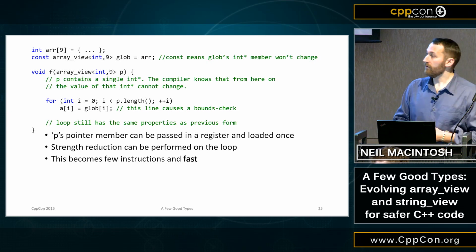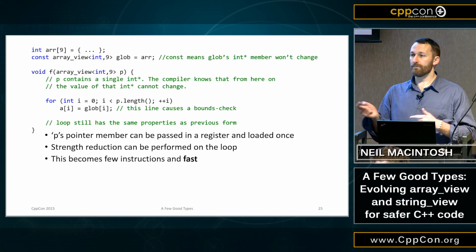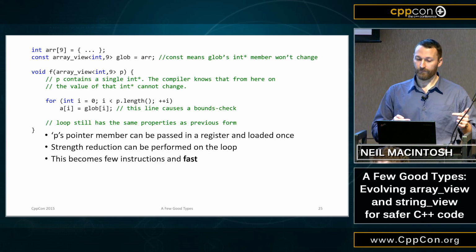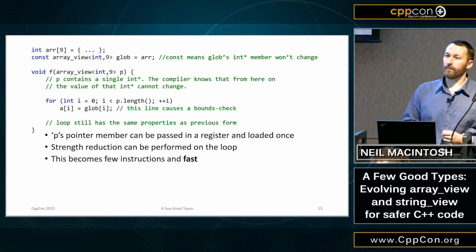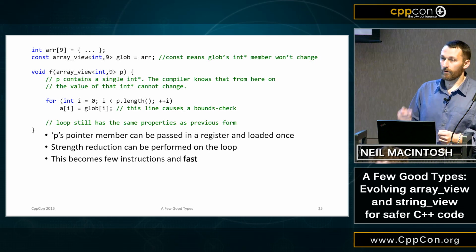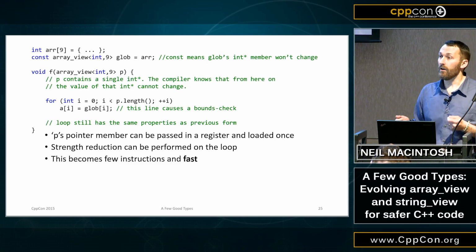We pass an array view, again a fixed size array view in, so we've got exactly the same call overhead going on here. We're just passing one pointer in both the C example and this array view example. And here's the key part. The compiler knows that once P, that parameter, comes in, array view has a default copy constructor. So that means the value that P gets at the start of execution, that's the value it's got.